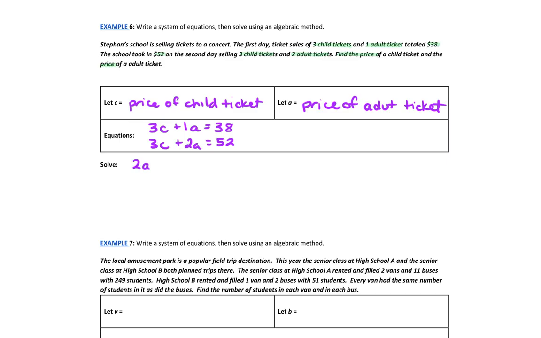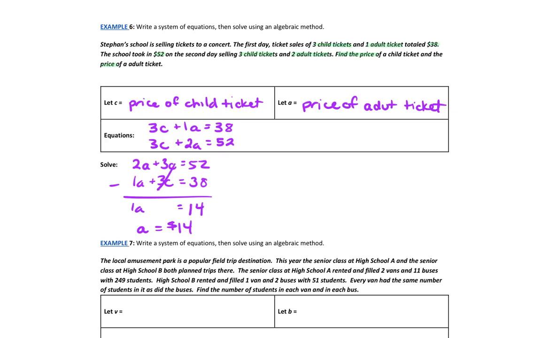So I've got 2a plus 3c equals 52, and I have 1a plus 3c equals 38. I'm going to subtract. So 2a minus 1a is 1a. These cancel. And here I have 14. Yep. So 1 adult ticket is $14.